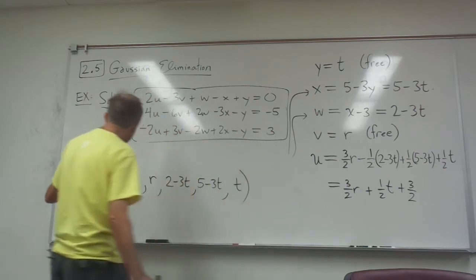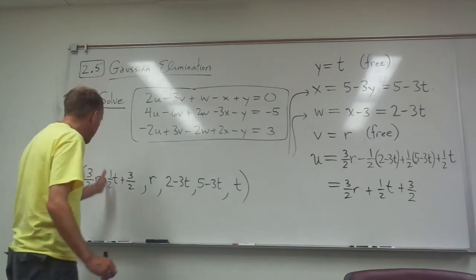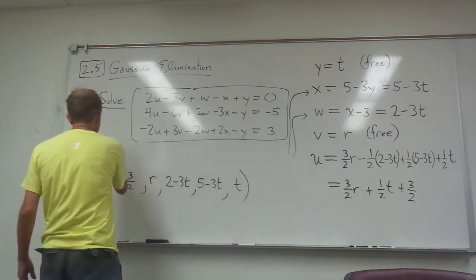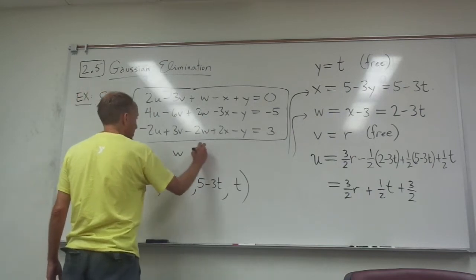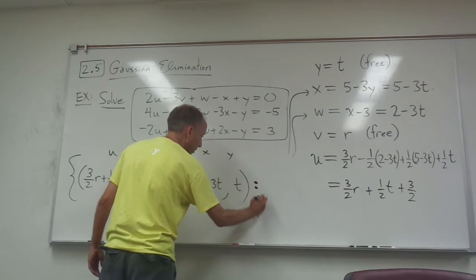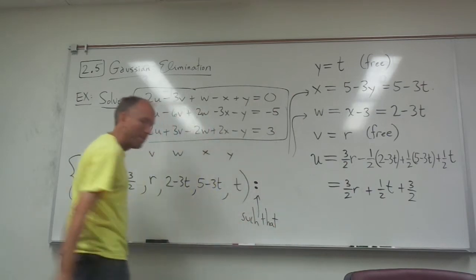So we've made a 5-tuple here, right? 5 numbers representing u, v, w, x, and y in that order. So this is u, this is v, this is w, this is x, and this is y. Then I'm going to use a little bit of math notation here. This little colon just means such that, okay?